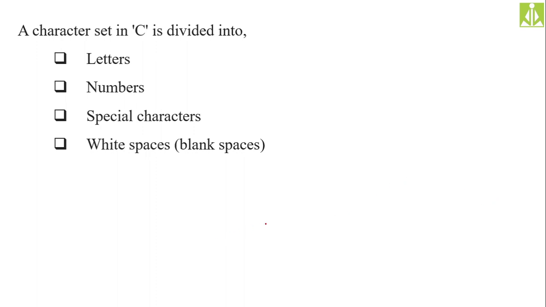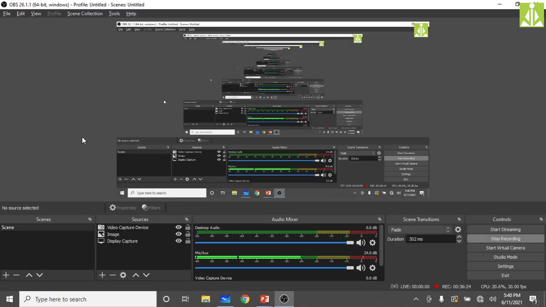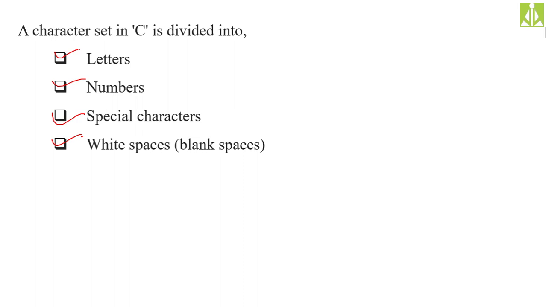We have letters, numbers, special characters, and white spaces. Okay, these four types of character sets we use when we write a C program. Or we can say C's character set is divided into four different types: letters, numbers, special characters, and white spaces, or blank spaces.